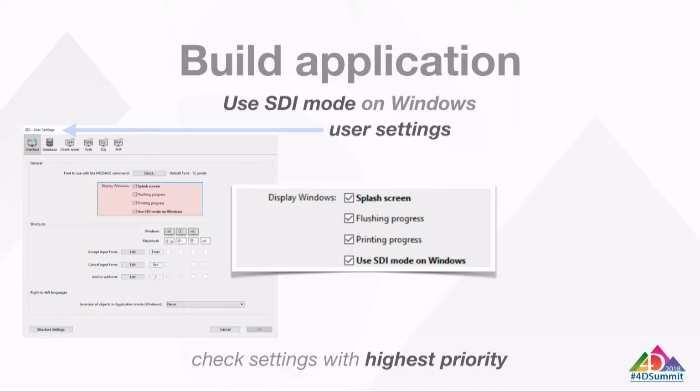So you can have a setting in the structure file, and there's an external setting next to the structure, and then there's an external setting next to the data file. And you want to make sure to check this option in whichever level of database setting has the highest priority.